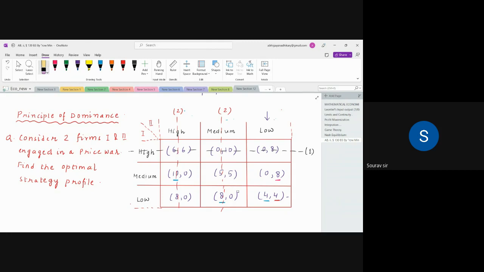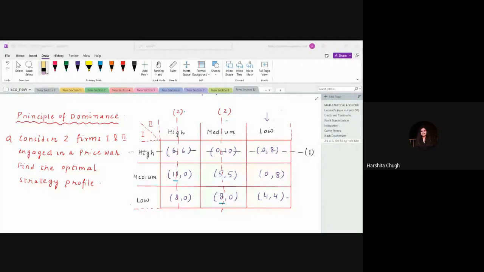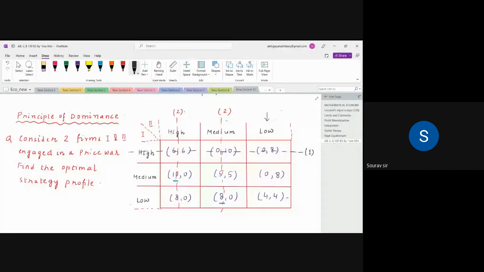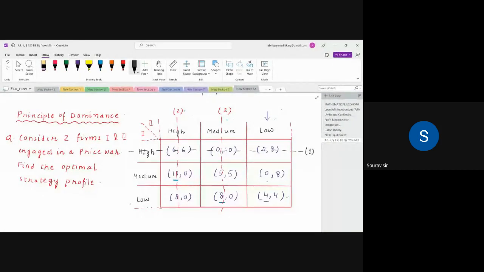Anyone? Low, sir. Low. That means he will not play medium in that case. So in this third round, medium is becoming a dominated strategy. So this column is also out. The third set of cancellations.